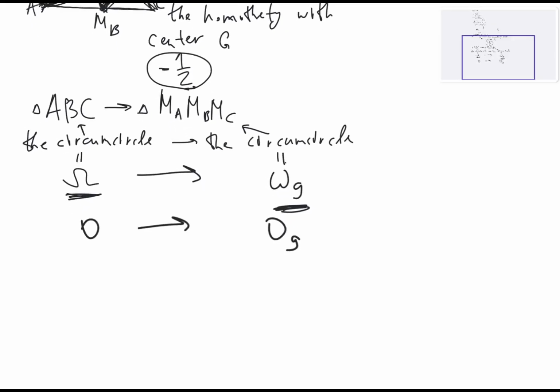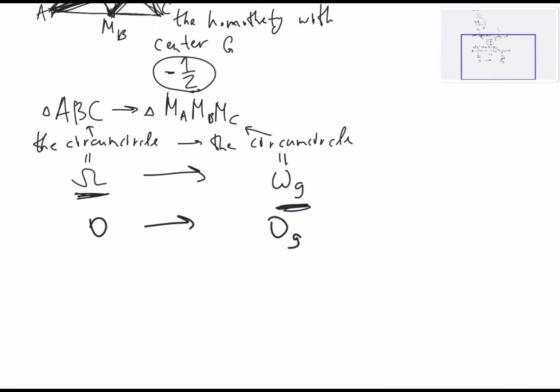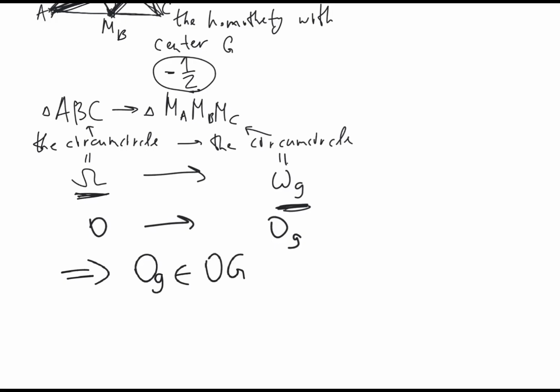So therefore O9 lies on the line OG, and the ratio OG over GO9 is 2:1.